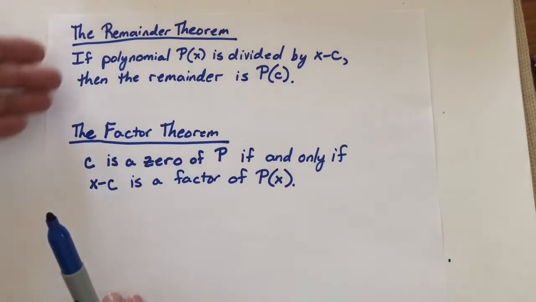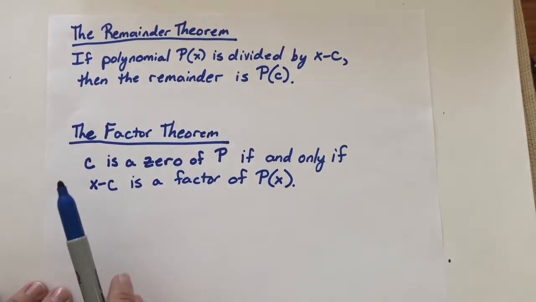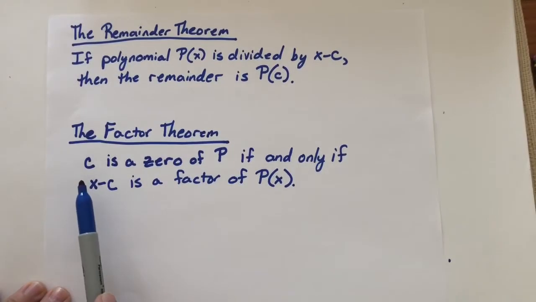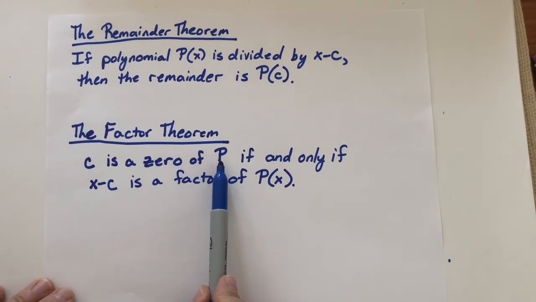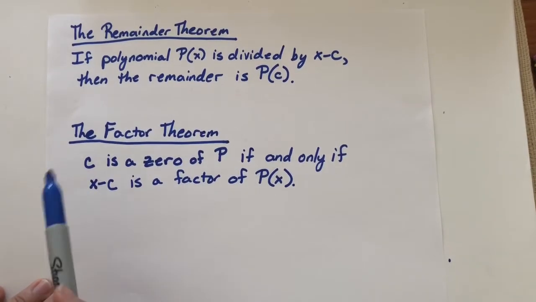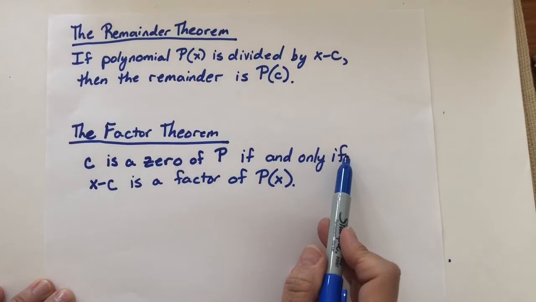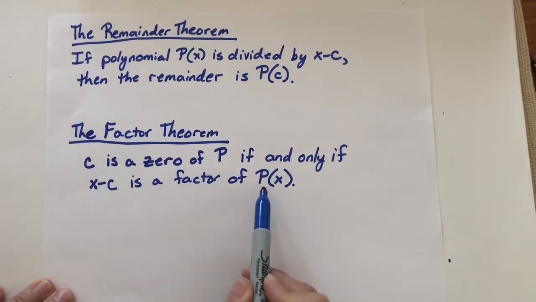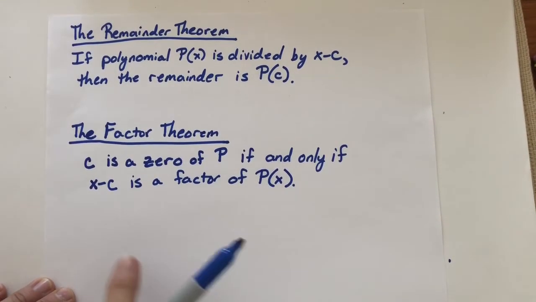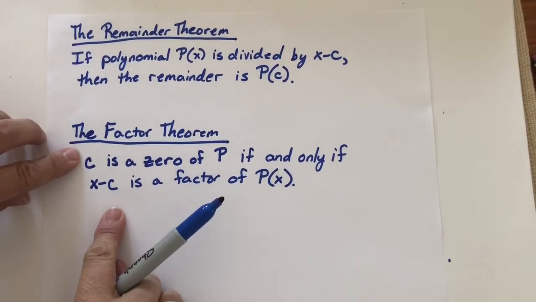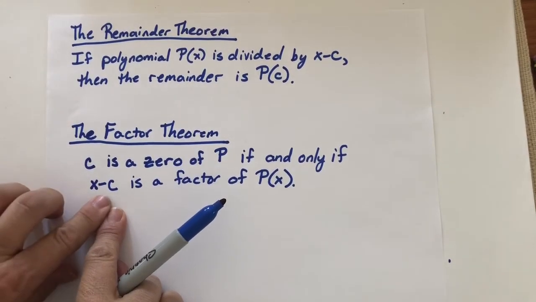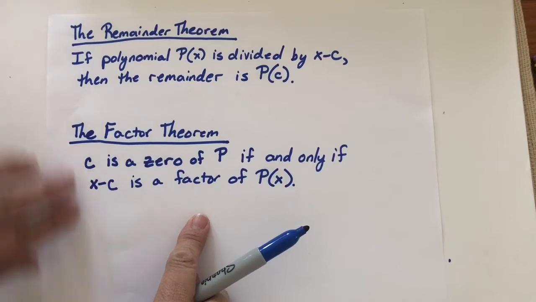And coming right along with that, as a result of the remainder theorem, we have what's called the factor theorem that says if c is a zero of a polynomial, if and only if x minus c is a factor of that polynomial. So a number being a zero and x minus that number being a factor always go together.